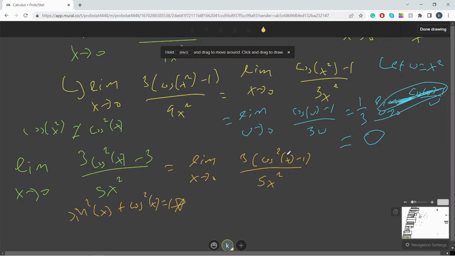So cosine squared x minus 1, you bring the 1 over and bring the sine squared x over, so this is going to be negative sine squared x. So this is going to be the limit as x approaches 0 of 3 times negative sine squared x over 5x squared. And then if we simplify things a little bit, we can pull out the 3 over 5 since it's a constant multiplier.